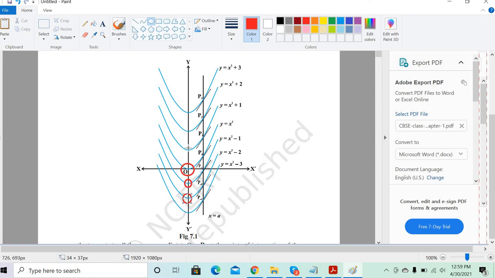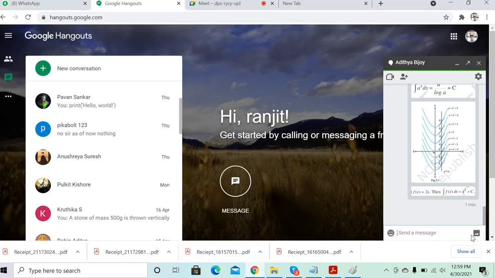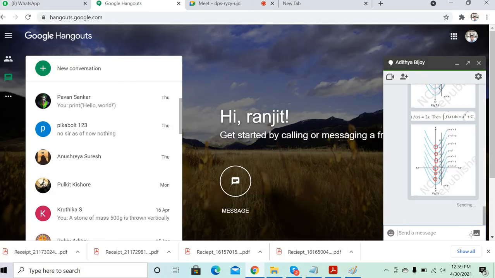And upwards it becomes x square plus 1, x square plus 2, x square plus 3. So the similarity of the function is the same, but the actual function is changing.